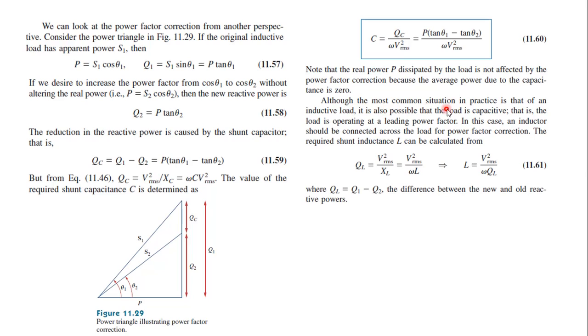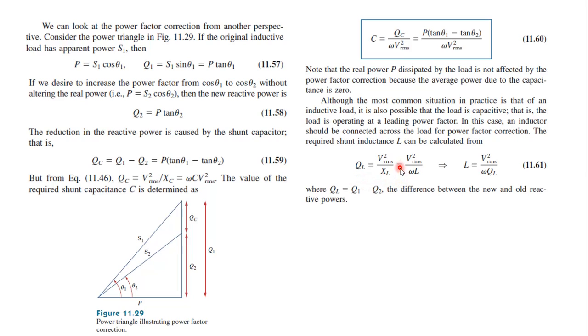Although in most situations we have an inductive load, in some cases we will have the possibility of a capacitive load. The load itself can be capacitive. In that case you will have a leading power factor, so we have to bring down the power factor again, right? So we will be adding an inductor in parallel, and the value of the inductor is given by this.